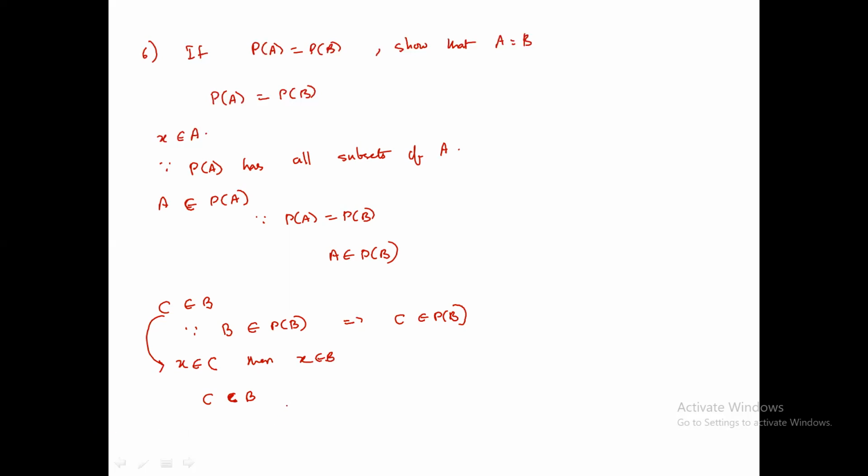Now, X belongs to B also. X belongs to B, X belongs to A. X belongs to B. That means A is a subset of B.